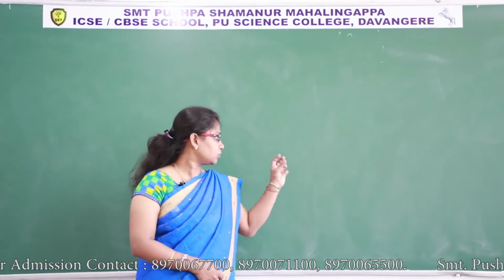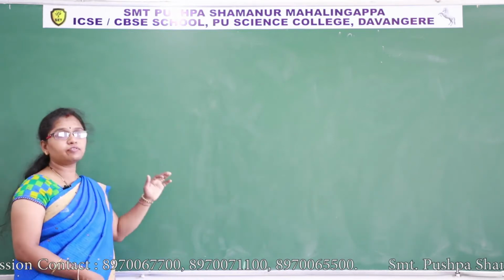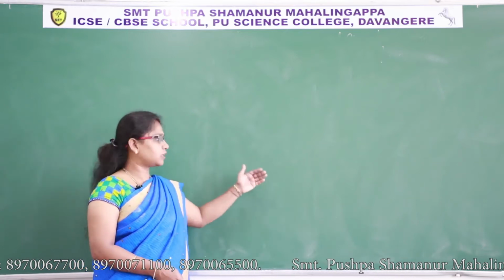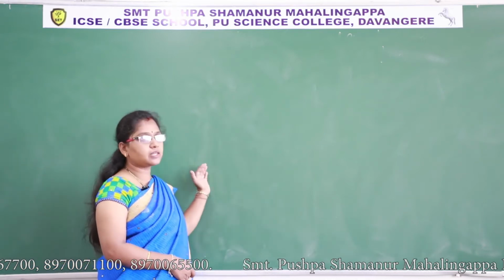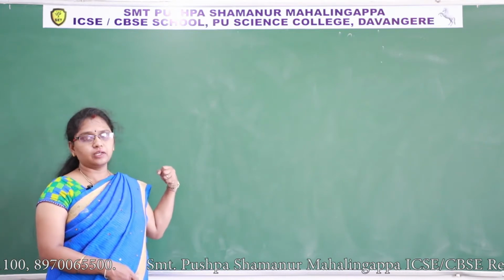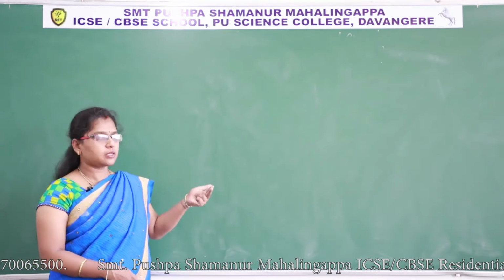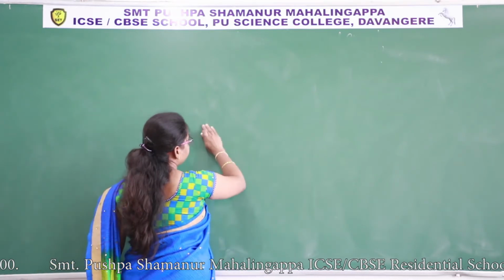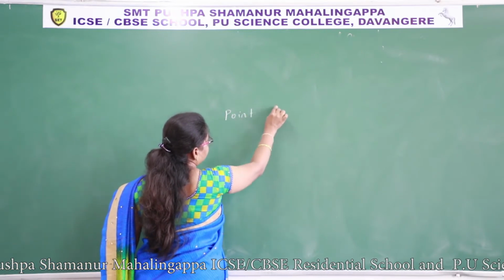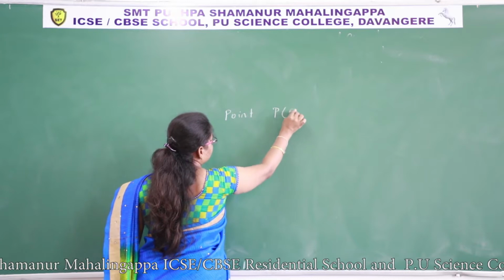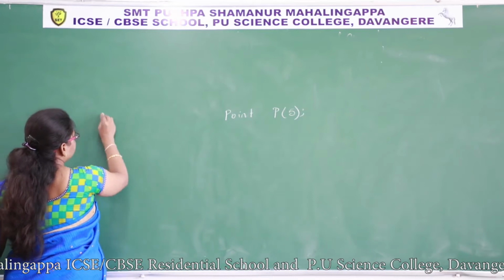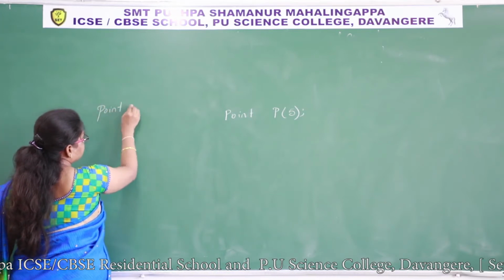Now, default argument means if a user or a program doesn't pass any argument to the function, it has to take a default value. That is a default argument. Suppose I take object point P and pass one argument. The name of the class is Point.